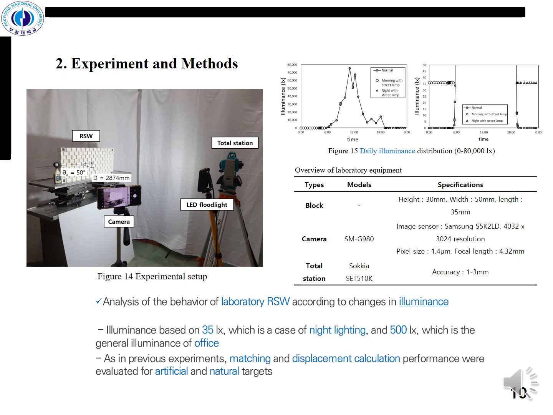The important illuminance levels are based on 35 lux, which is the case of night lighting, and 500 lux, which is the general illuminance of an office. As in the previous experiment, matching and displacement calculation performance were evaluated for artificial and natural targets.